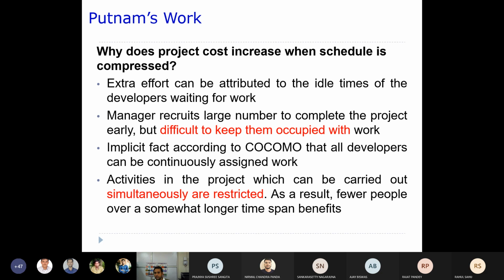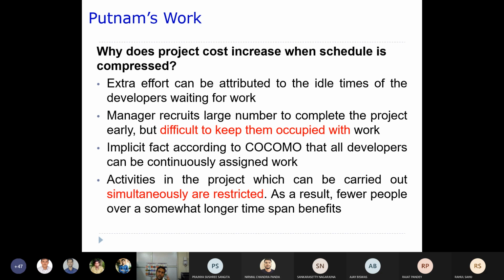As a result, a fewer number of people will be working for a longer amount of time, because some of these activities cannot be carried out simultaneously. Coding and design cannot be carried out at the same time.